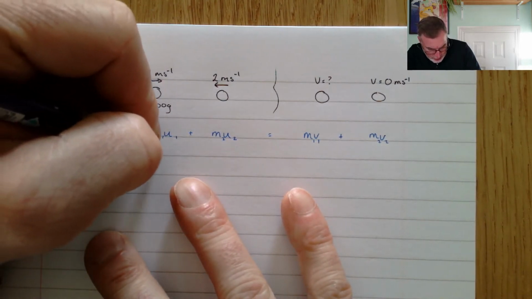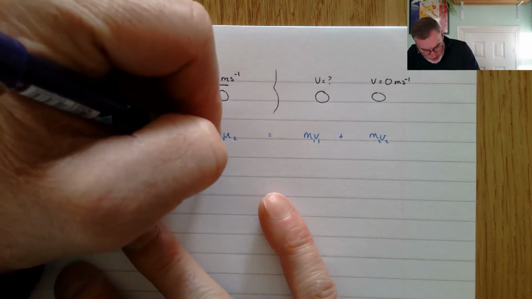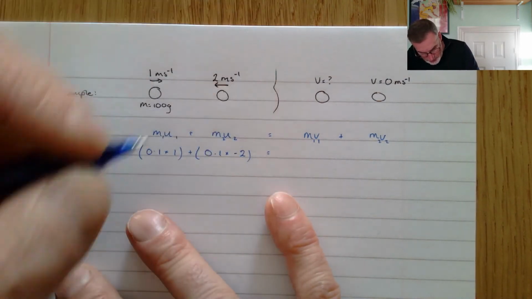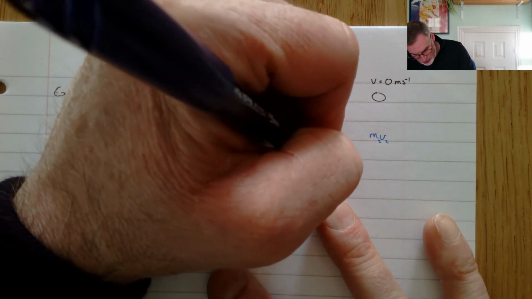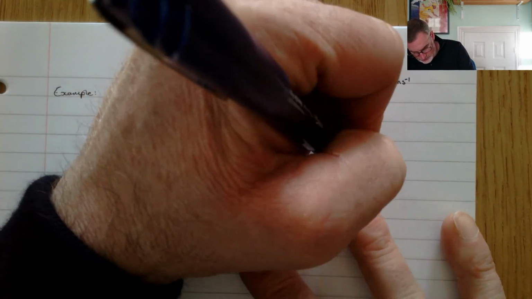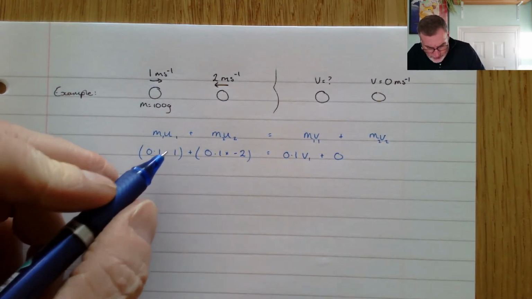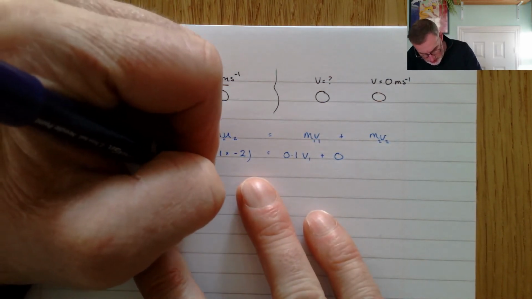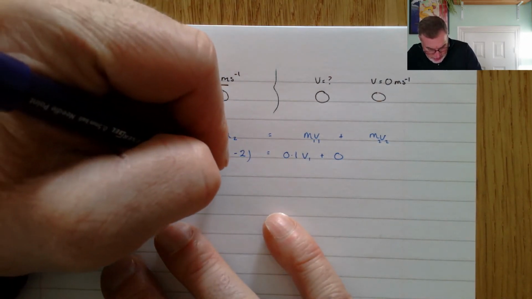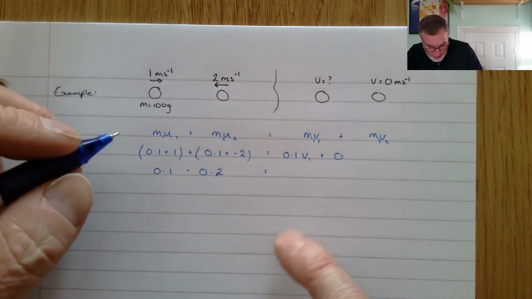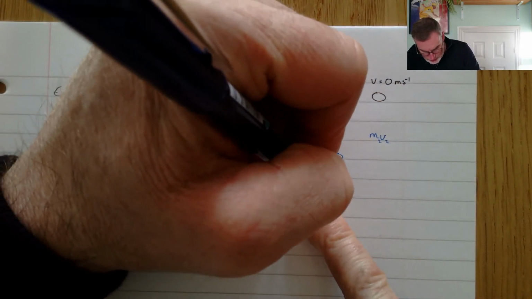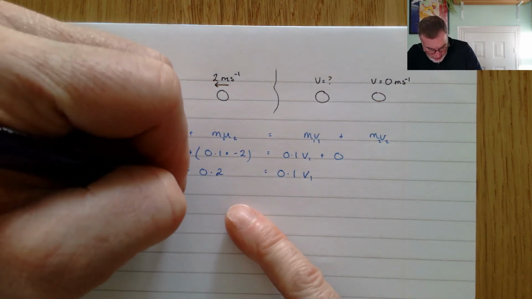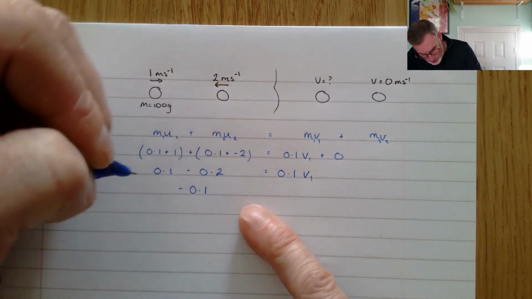Put in our numbers, 0.1 times 1 plus 0.1 times -2. And that's going to equal 0.1 V1 plus 0. So work out what this is. We're going to have 0.1 minus 0.2 is equal to 0.1 V. We're then going to have minus 0.1.